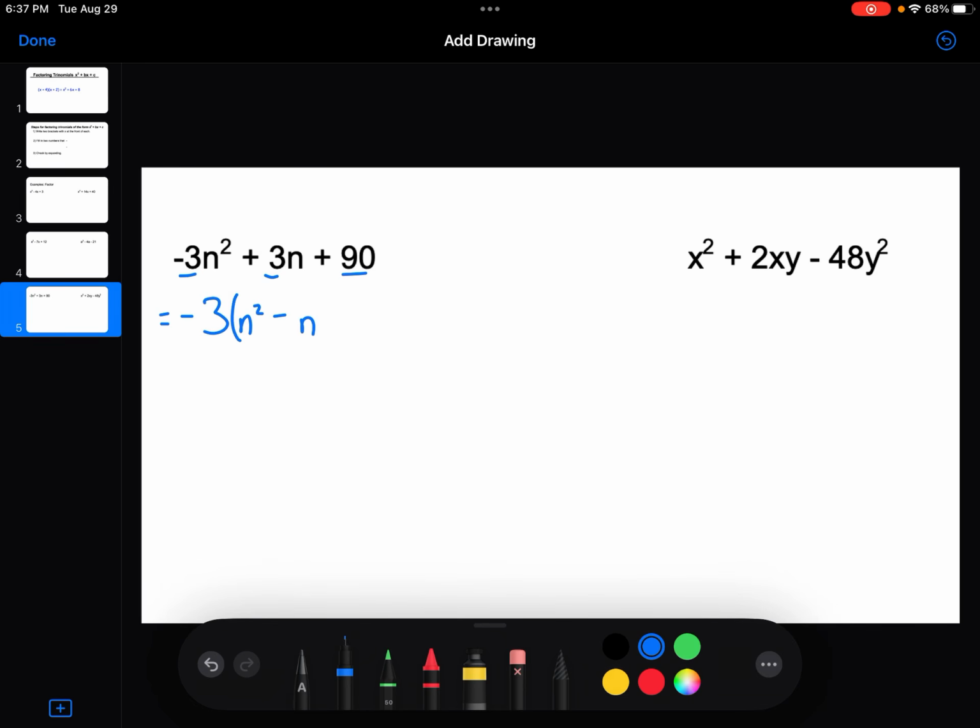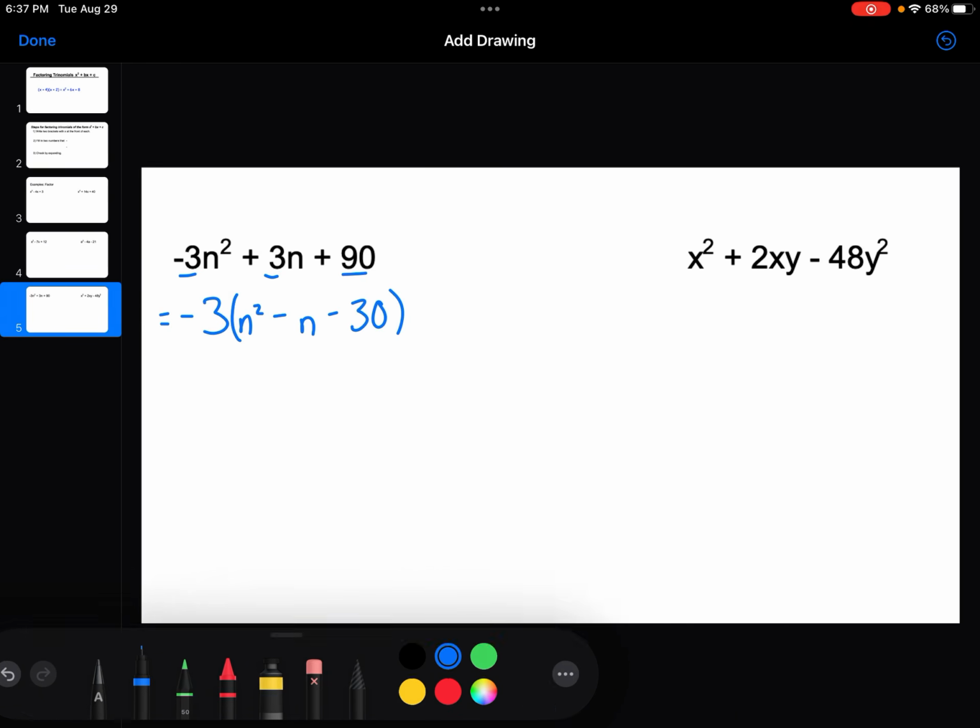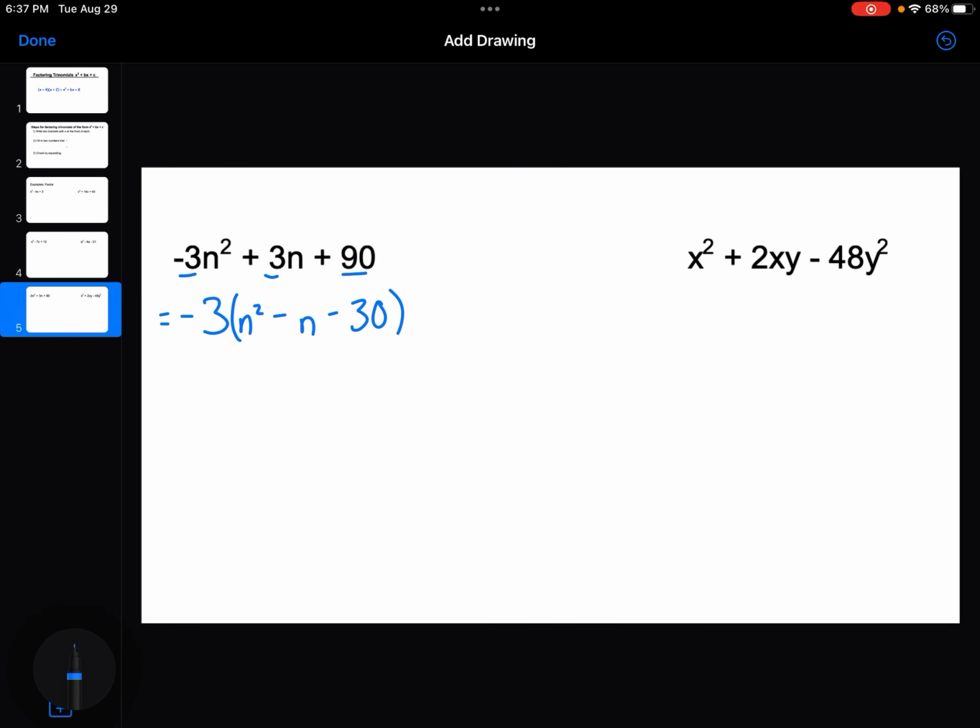Well, that also means that this has to be negative. So we're left with -3 times n squared. Well, that's right. That's -3n squared. Minus n, -3 times -n would give me +3n. Minus 30, -3 times -30 would give me +90.